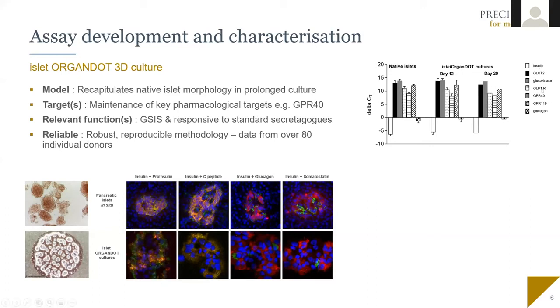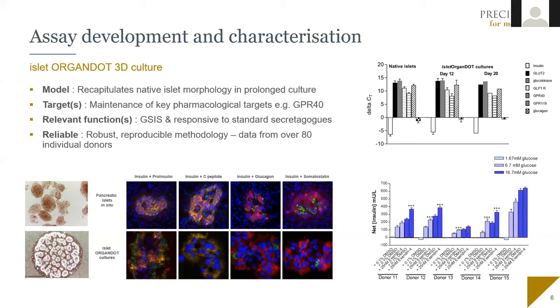And then there's a whole range of different targets involved in islet biology here. The horizontal hash lines, 1, 2, 3, 4, 5 bars in, is GPR40, which is our target of interest for the data that I'm going to show you in a moment. So making sure your targets are there and maintained in your culture environment is important.